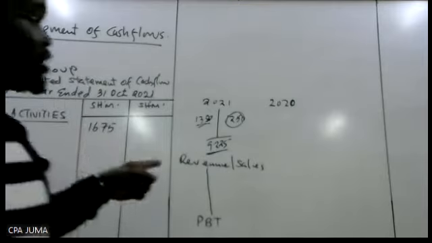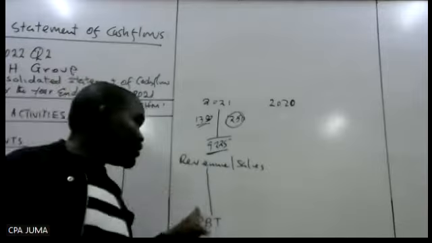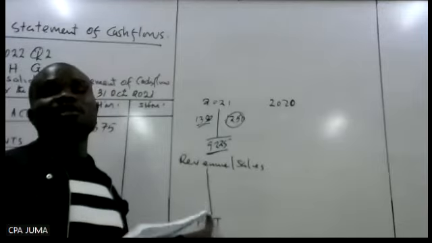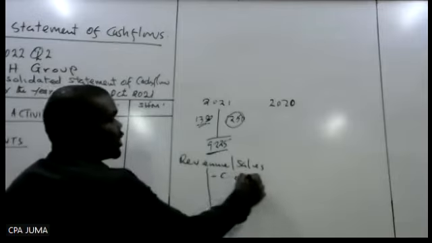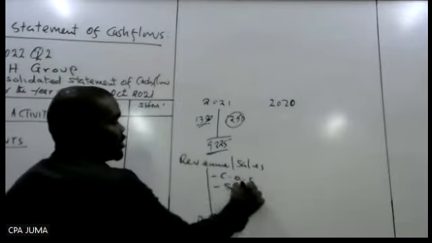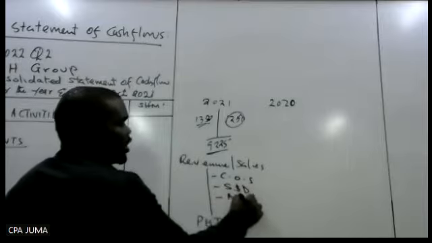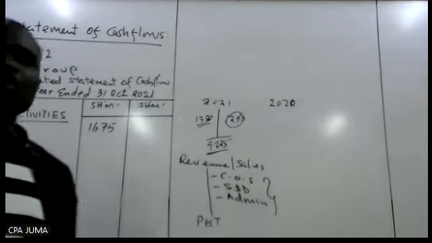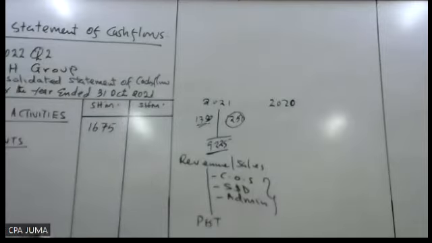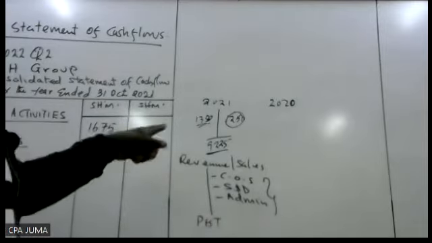There are expenses which you captured here, but they are not operating expenses. Operating expenses are those expenses which you incur on daily operations. So any expense which you don't incur on the normal operations, you add them back.